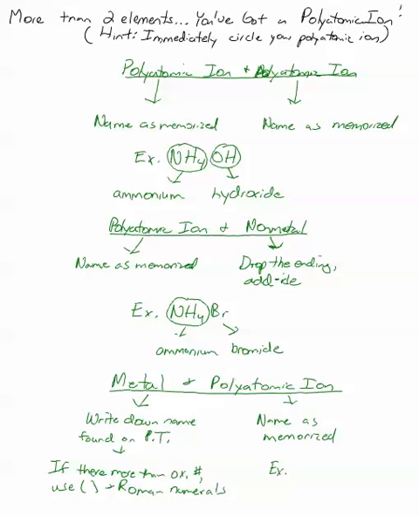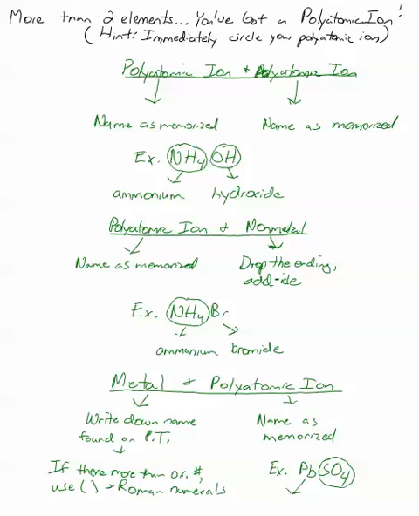If I've got PbSO4, again, what you're going to notice here is you've got a metal, that's the Pb, it's on the left side of the zigzag line, and you've got a polyatomic ion, which is right here. Okay? You should have known there was a polyatomic ion in it because there's more than two elements.